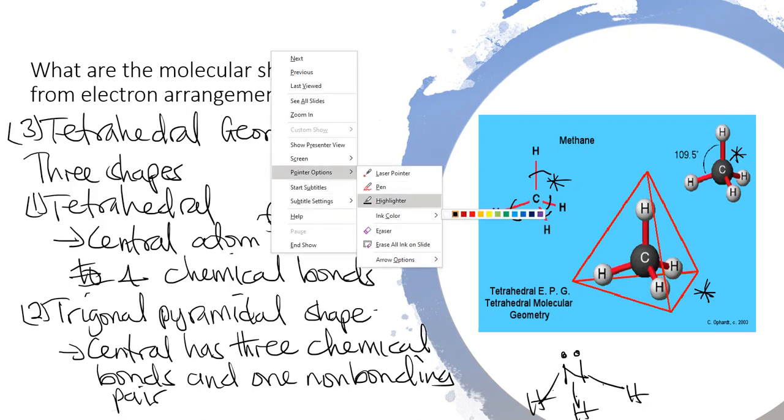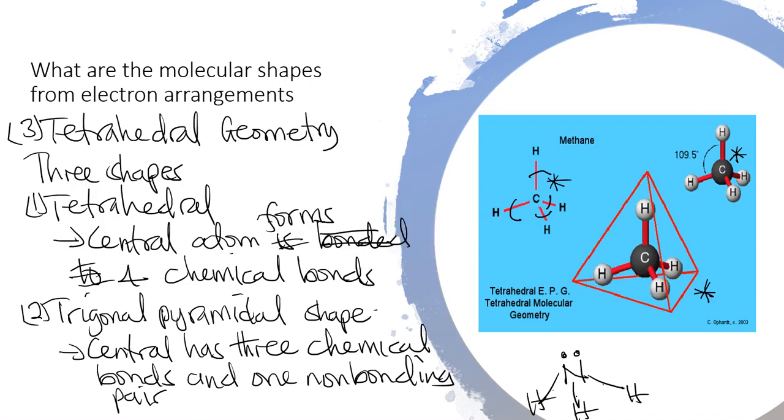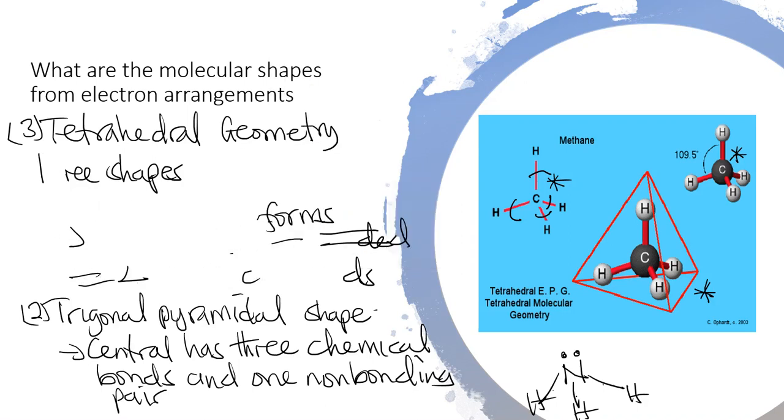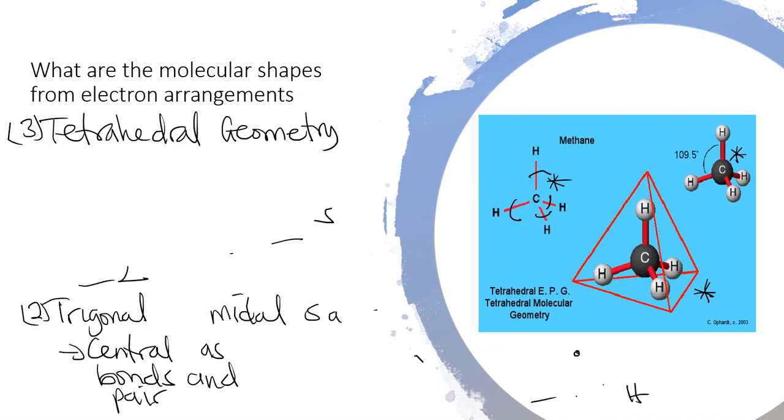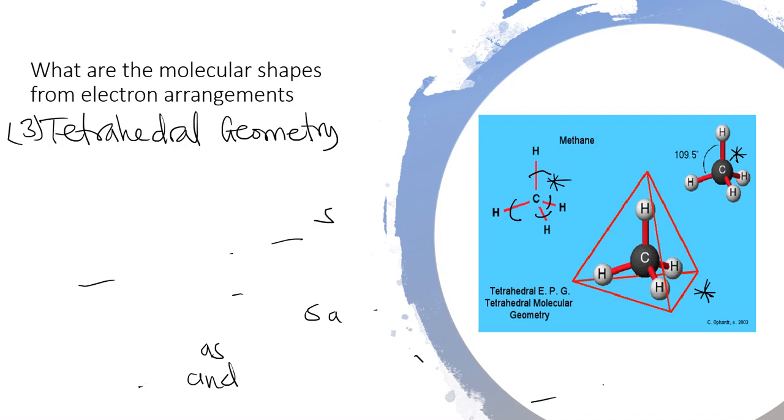Then we have a third shape. So we say we have three shapes here. Now, the third shape is known as bent.